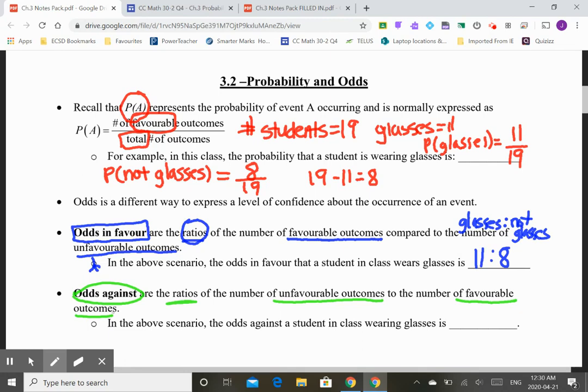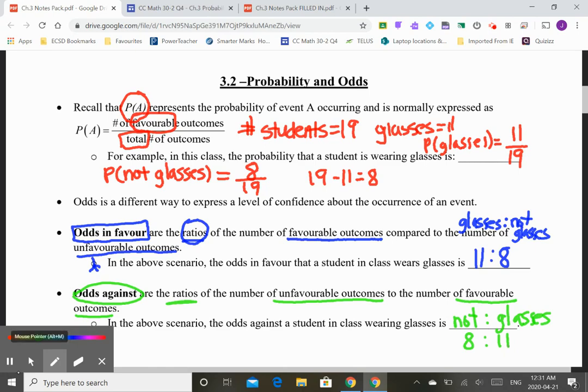So in this scenario, odds against wearing glasses, we would compare not wearing glasses to wearing glasses. So our numbers would be 8 to 11. We can see that odds in favor and odds against are very similar, but they are opposites of each other. Odds in favor compares favorable to unfavorable. Odds against compares unfavorable to favorable.